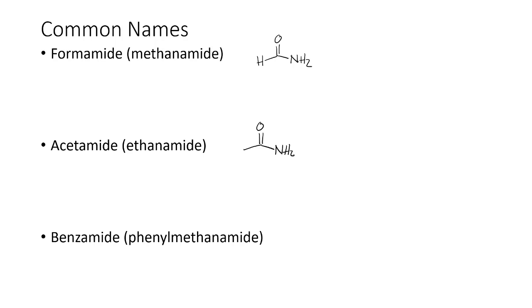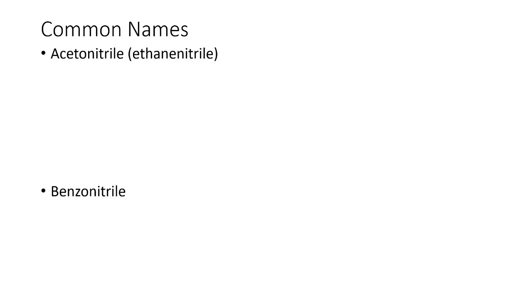We then can also have benzamide or phenylmethanamide, where once again we have our benzene ring associated with a primary amide. You can have acetonitrile or ethanenitrile, which is where we have our nitrile group associated with one other carbon atom. Benzonitrile, which is so commonly referred to, it's really the only way that we name this compound, is where we have the nitrile group associated with the benzene ring.